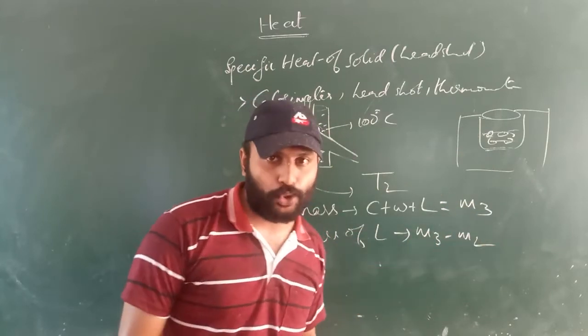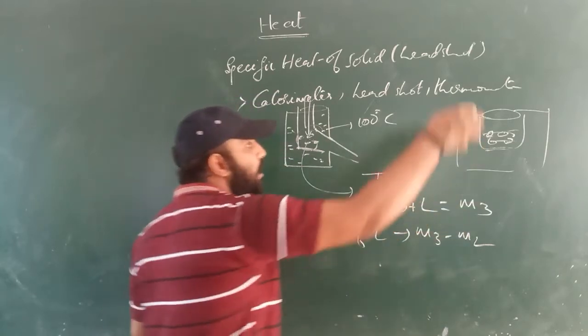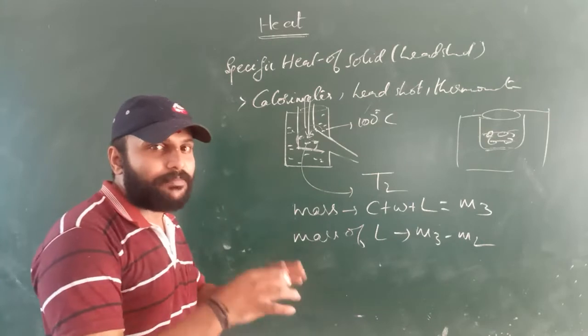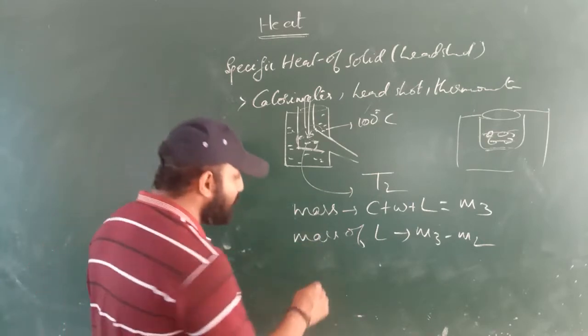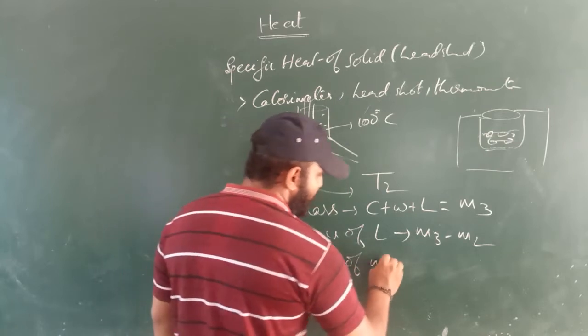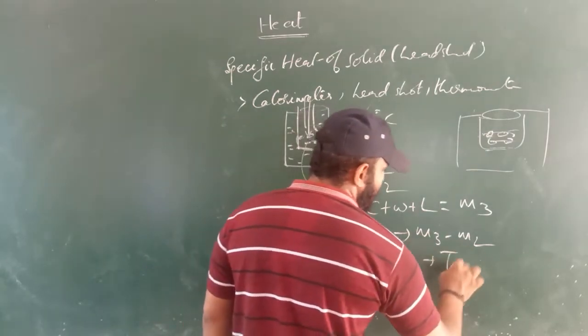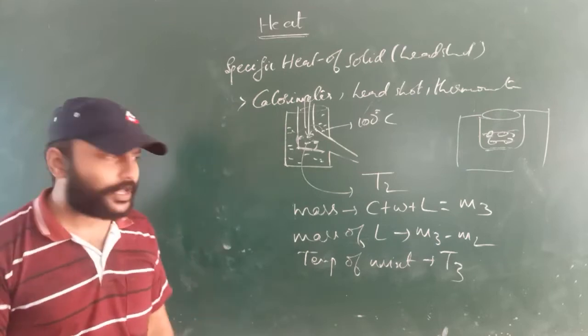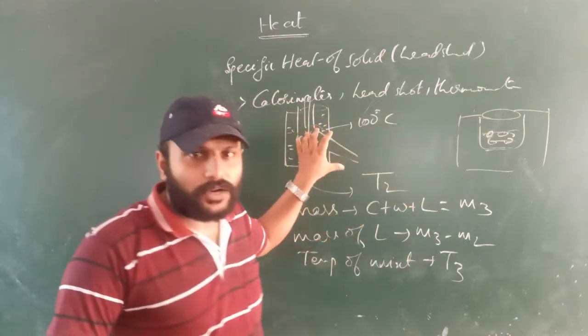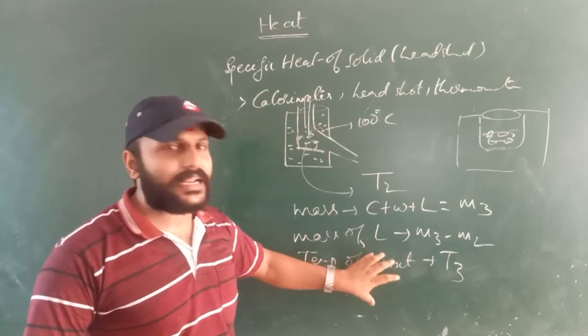M3 minus M2. Okay. Now when we add this lead shot into the calorimeter, its temperature changes, as we are mixing it. Let the temperature of the mixture be T3. T1 is the temperature of the calorimeter, T2 is the temperature of the lead shot, and T3 will be the temperature of the mixture.